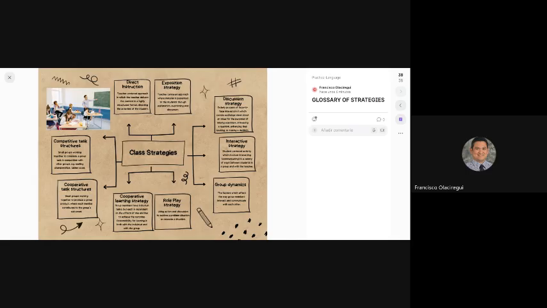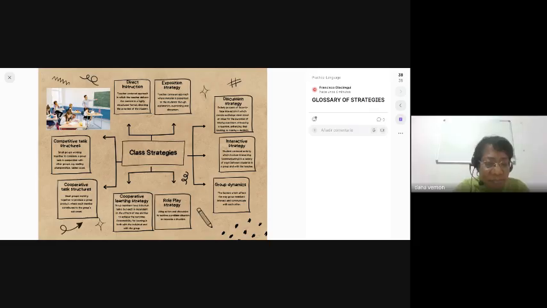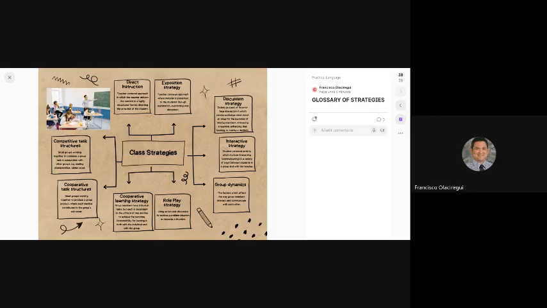And the last one is the competitive task structures, in which small groups work together to complete a group task in competition with other groups. For example, spelling championships or table tennis, right? So in this one, we have small groups working on their own tasks, but they will do it in a competitive way, as it says.